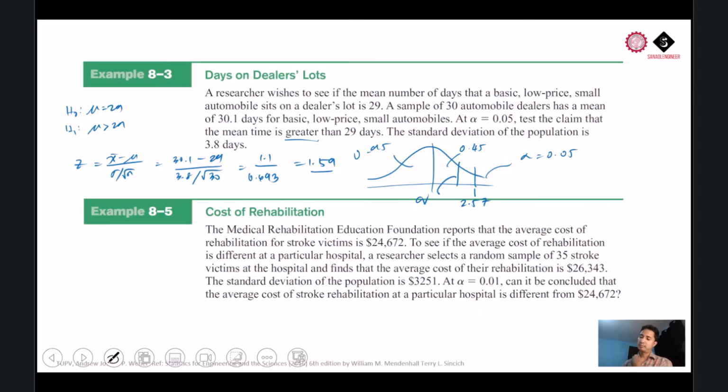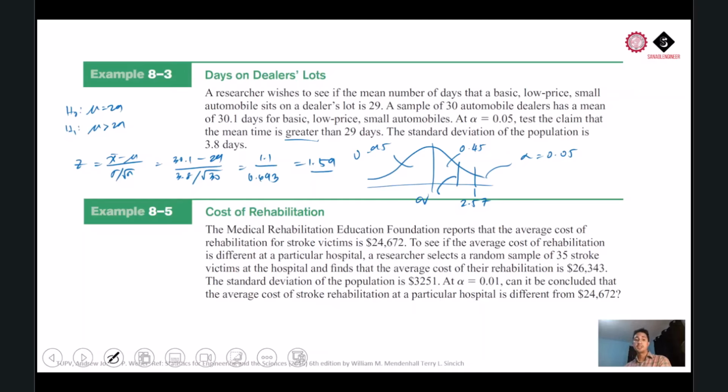So for the next example, the Medical Rehabilitation Education Foundation reports that the average cost of rehabilitation for stroke victims is 24,672. To see if the average cost of rehabilitation is different at a particular hospital, a researcher selects a random sample of 35 stroke victims at the hospital and finds that the average cost of their rehabilitation is $26,342.